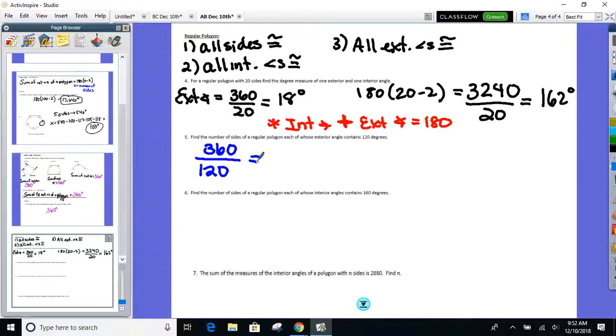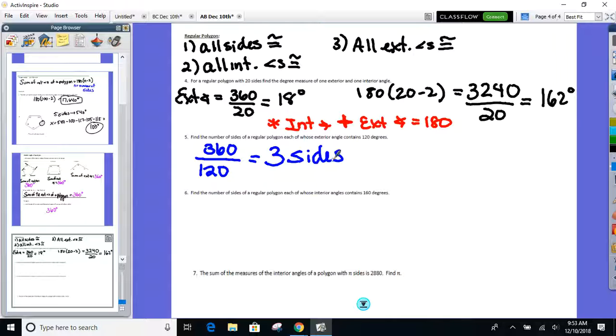How many exterior angles are there, Emily? 3, which means there's 3 sides. It's a triangle. Everyone see where that came from? 360 degrees total, 120 in each of them, so I divided them up.